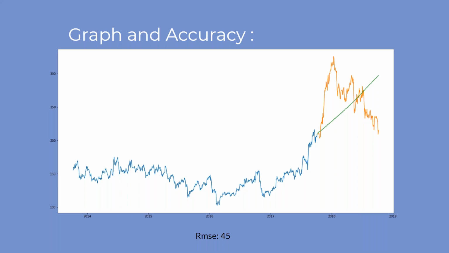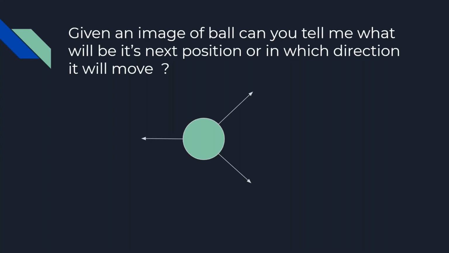It's because time series modeling is not considering each input as a single or independent input. It's considering the input as a sequence. To explain this concept, I will use a simple example. If I give you an image of a ball, can you tell me what the next position of the ball will be, or in which direction it will move? No, right?